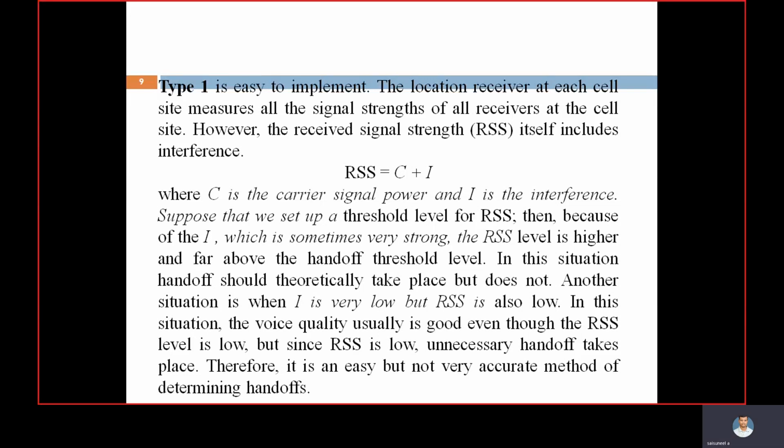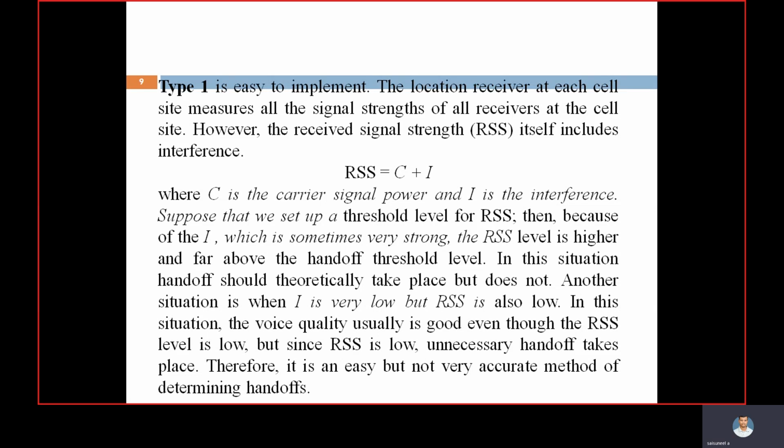Whenever the mobile unit reaches the boundary of a cell site, the power is reduced, and then automatically the interference increases. Then automatically we have to raise the handoff. This is for type 1.